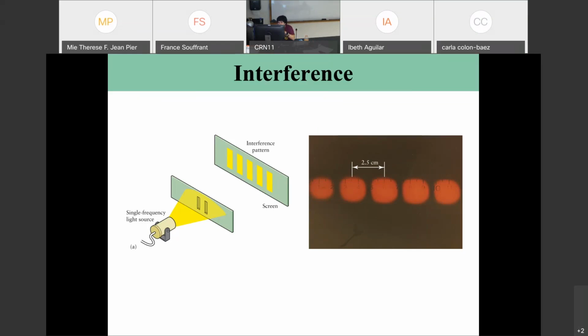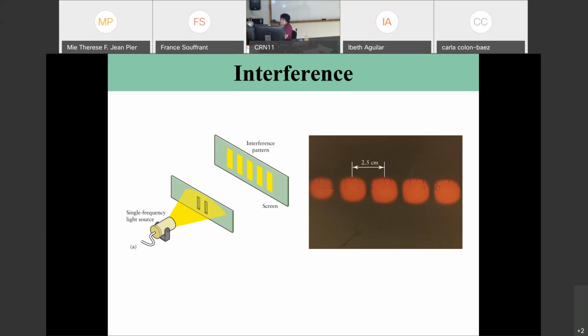If you pass light through two narrow slits that are very close, the separation between the slits can be on the order of millimeters. Millimeters, not microns, millimeters. You will see the interference pattern as shown in the picture there. There are equations for that, by the way.